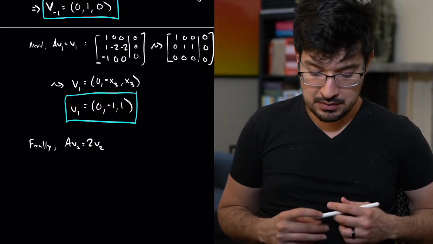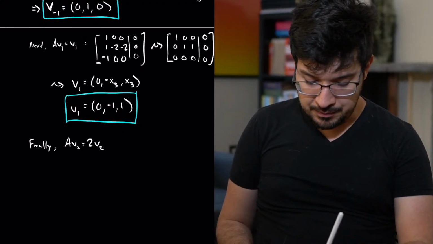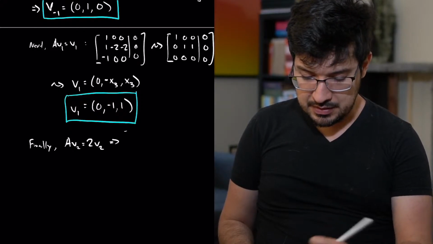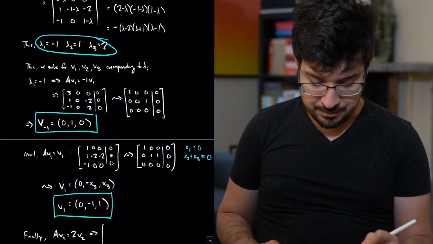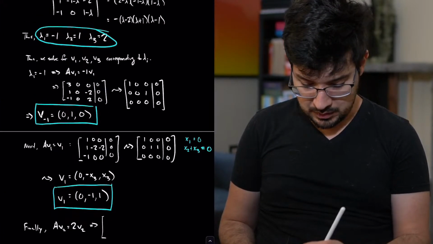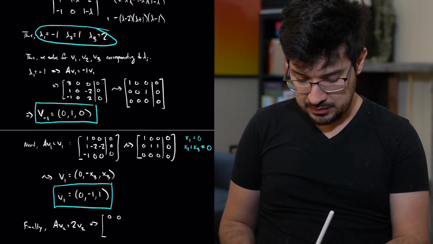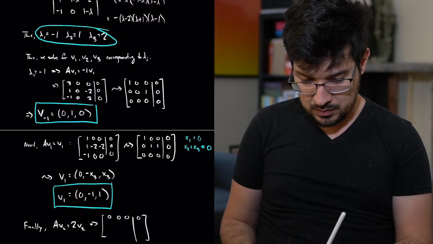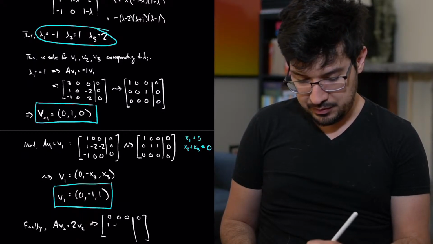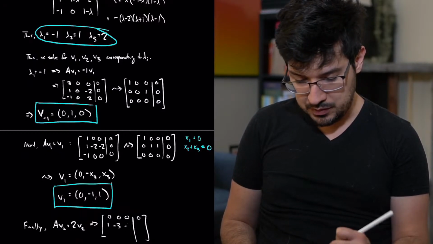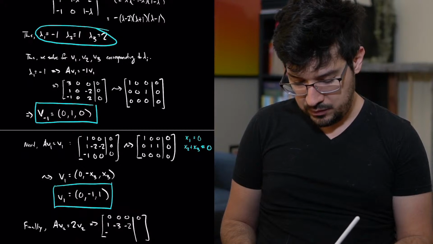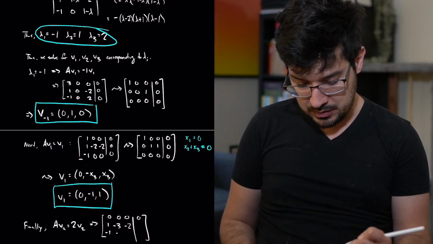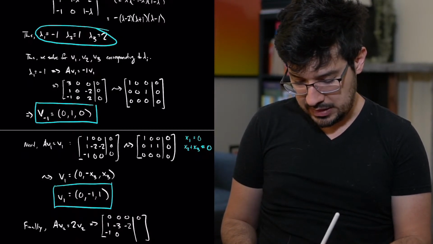So this implies the system of equations 0, 0, 0, 1, -3, -2, -1, 0, 1 minus 2 is -1.